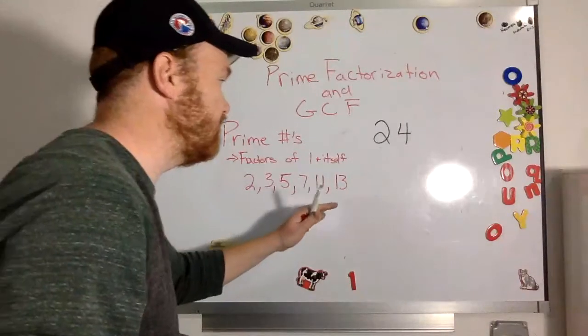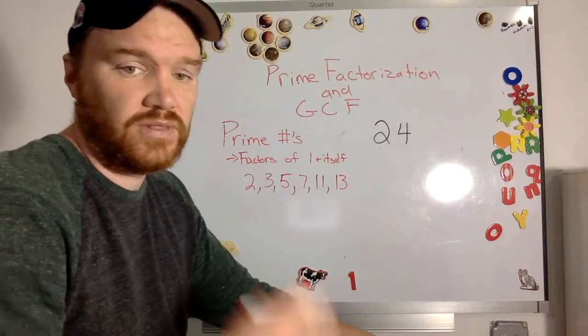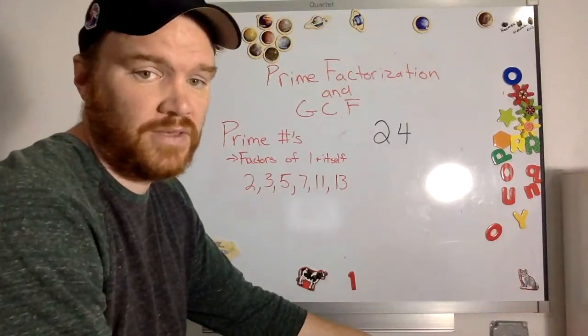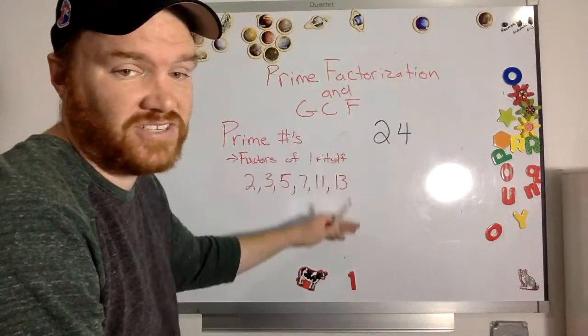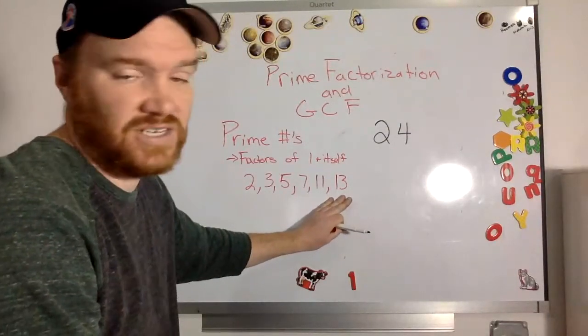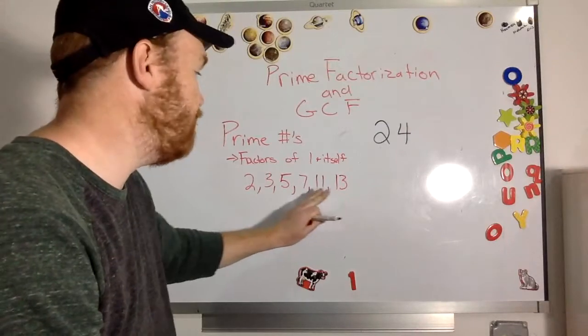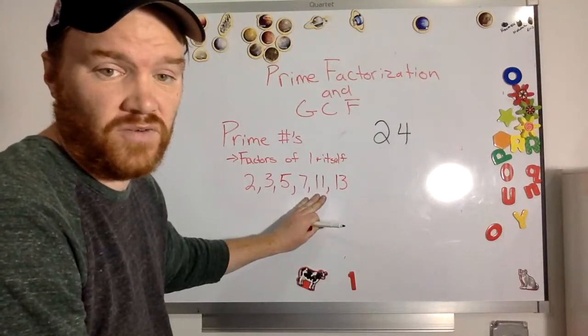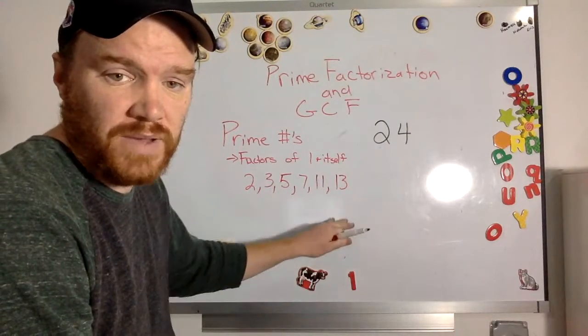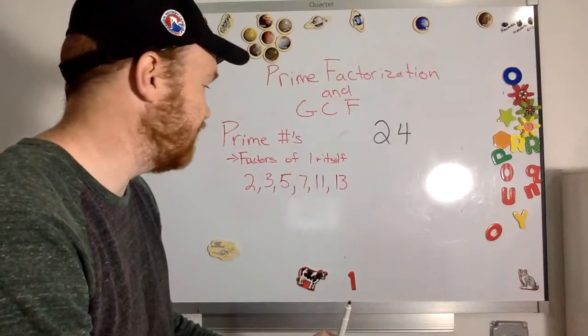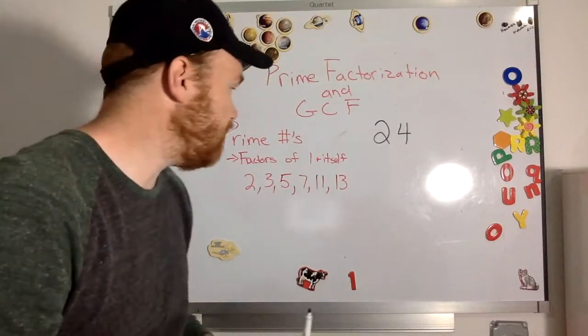Now, of course, this goes on forever. We can list prime numbers to the end of time. However, when it comes to prime factorization, you're probably not going to have to deal with anything over 13. Probably won't have to deal with anything really over 11. I just take it one more spot just in case.